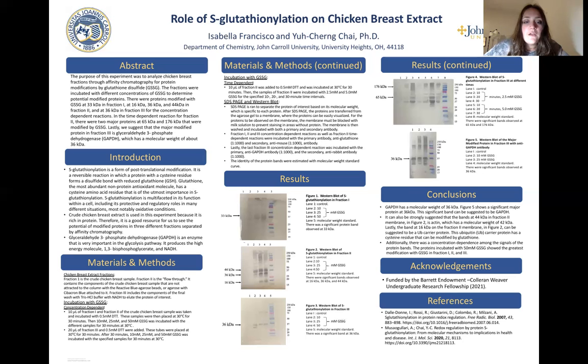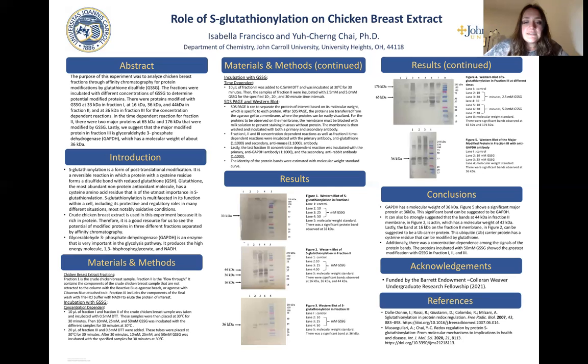All three of these experiments in figures 1, 2, and 3 analyzed how changing the concentration of GSSG modified the extent to which the proteins were modified. Additionally, it was observed that as the intensity of the band increased, the concentration of GSSG also increased, which means that a greater concentration of GSSG will result in a greater number of modified proteins.